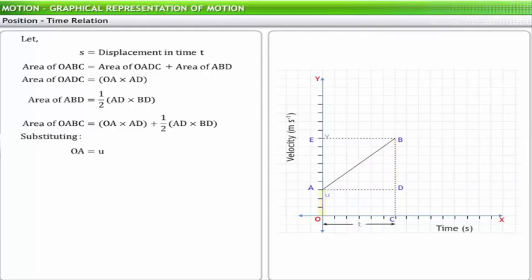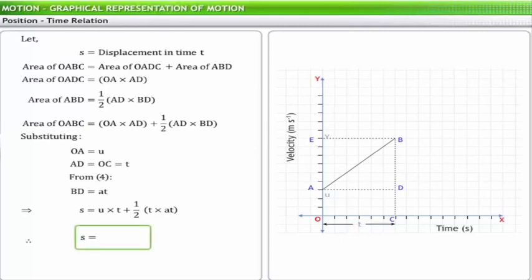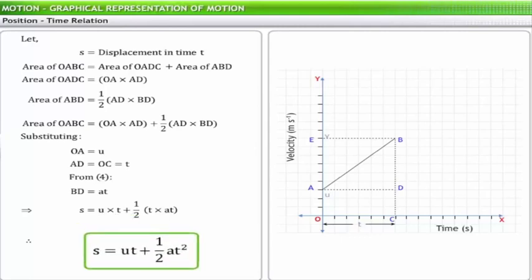Substituting OA is equal to U, AD is equal to OC is equal to T, and BD is equal to AT, which equals S is equal to U multiplied by T plus half of T multiplied by AT. Therefore, S is equal to UT plus half AT square.